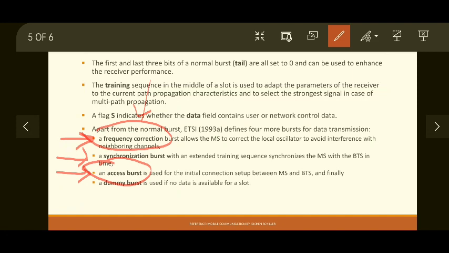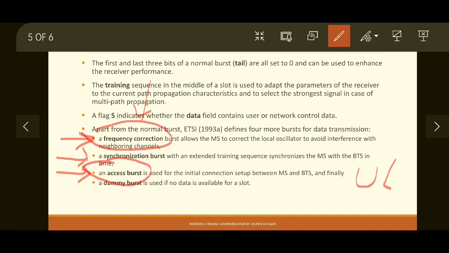It indicates to the base station that the user wants to access the frequency channel. After that it will send frequency correction, synchronization or other bursts. This is an uplink burst, since the access burst is sent by the user to the base station.